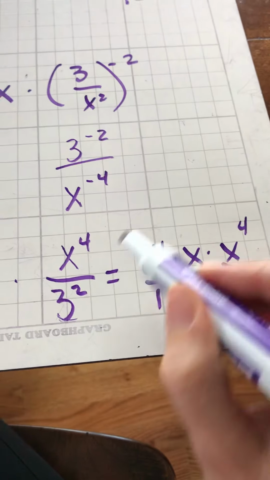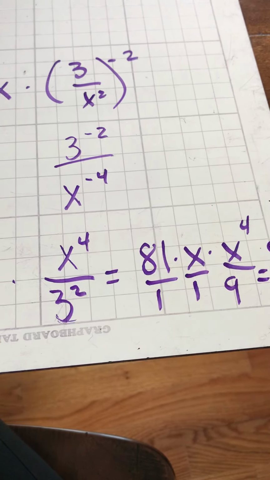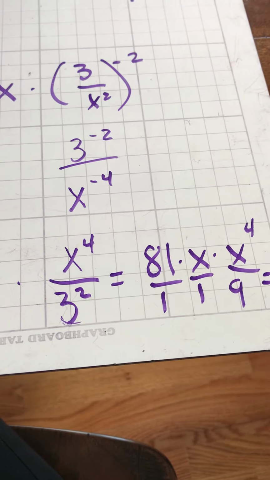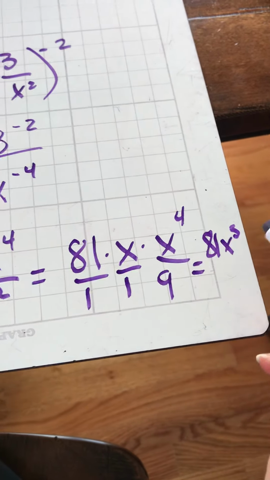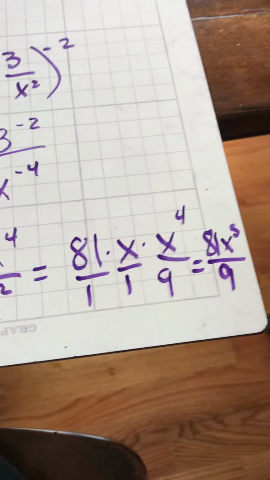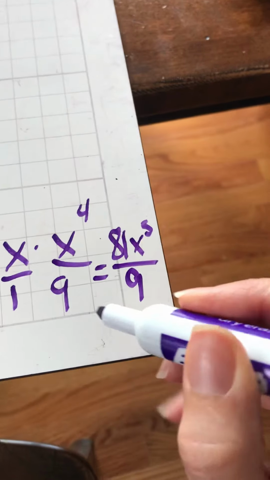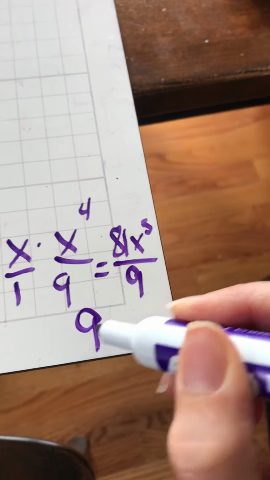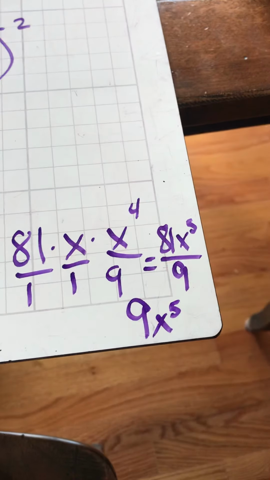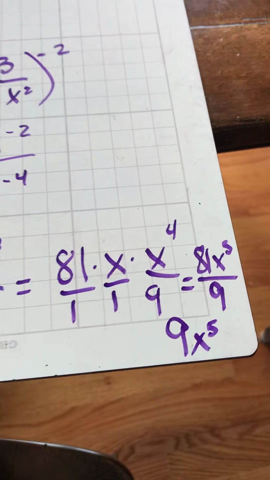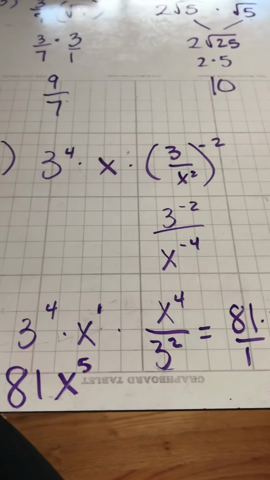So when I combine my numerators, that's where I got the 81 x to the 5th. I'm running out of board space. I don't know if you can read that, but that's 81 x to the 5th all over 9. Well, what can be simplified here is 81 divided by 9. 81 divided by 9 is just 9, and then we bring down the x to the 5th. So that would be the final simplified answer. So again, you got on your way, just need to do a couple more steps.